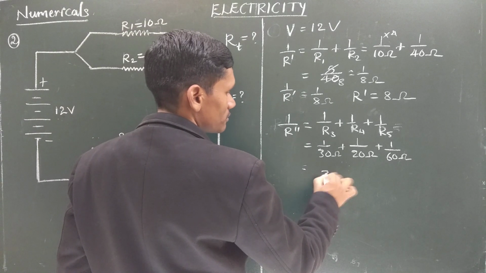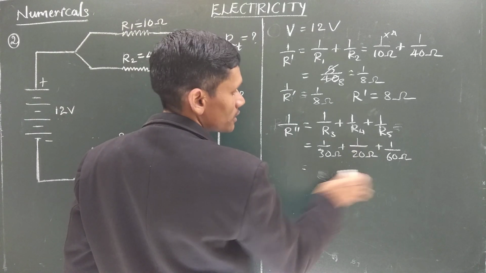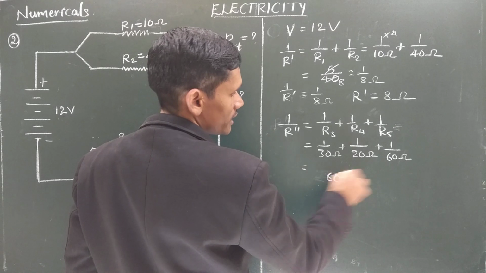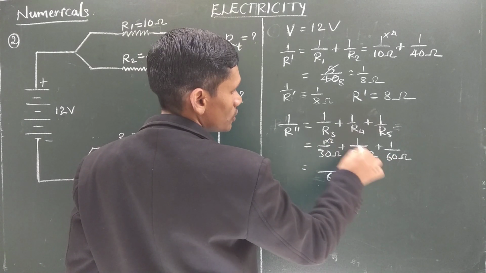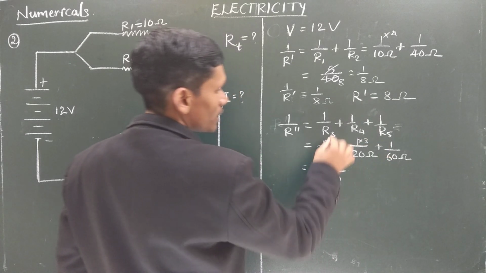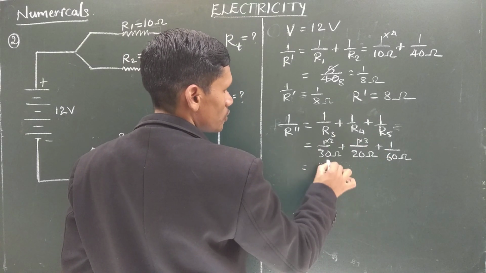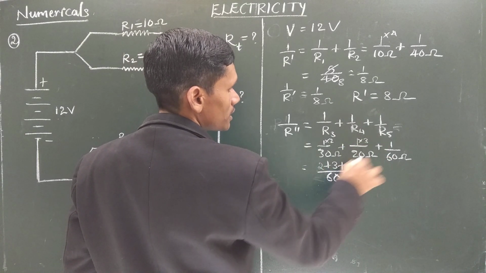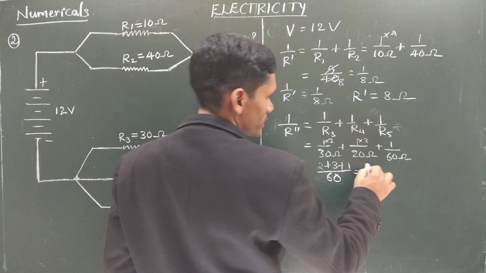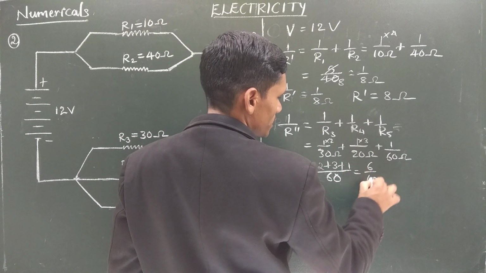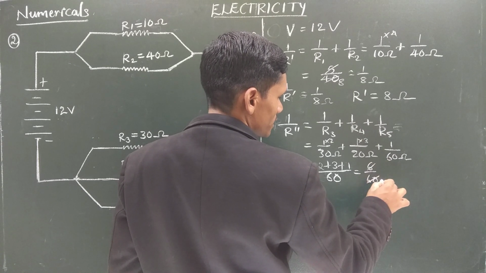After taking LCM, 60 LCM, here 30 into 2, 20 into 3. This becomes 2 plus 3 plus 1. This will be equal to 5 plus 1, 6. 6 divided by 60. 6 ones are 6, 6 tens are 60.